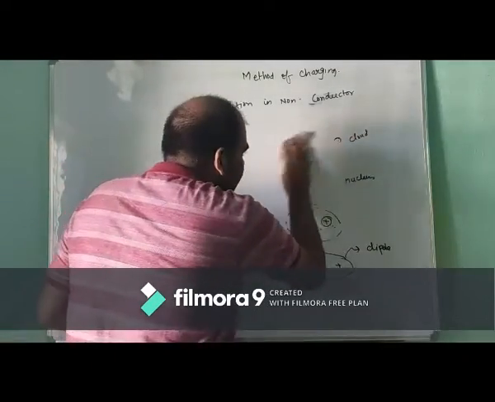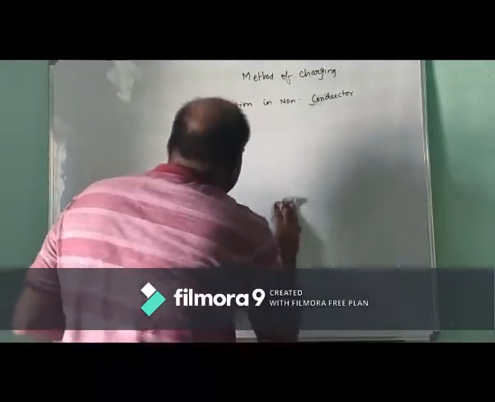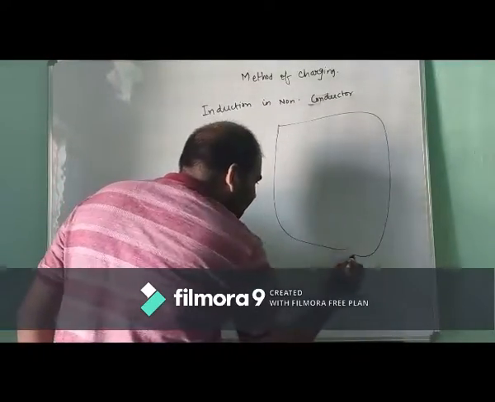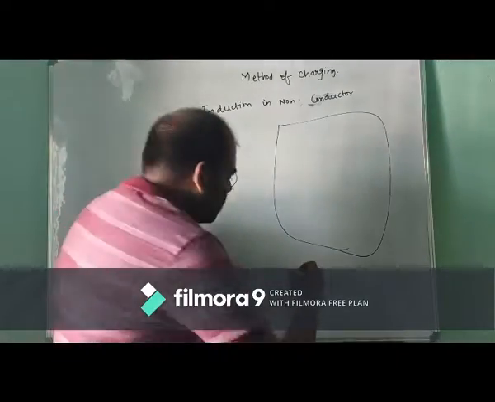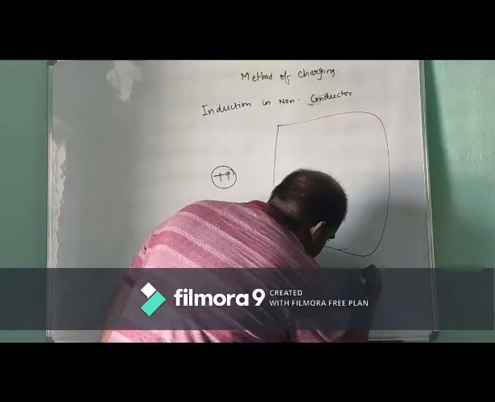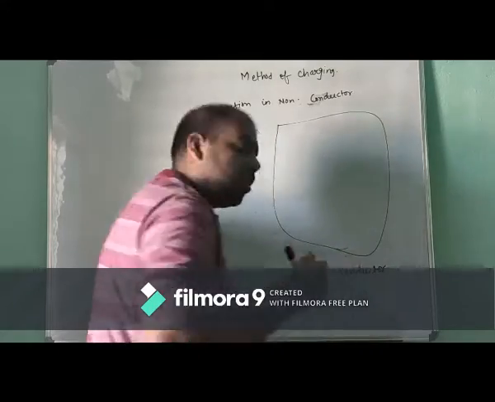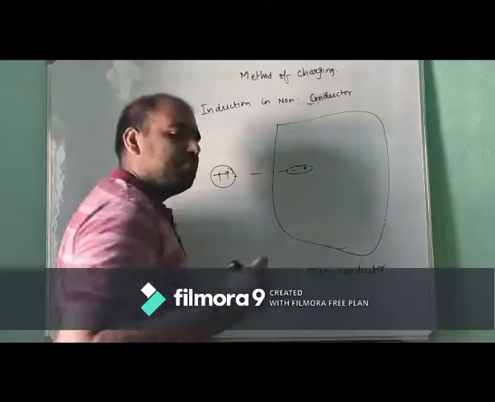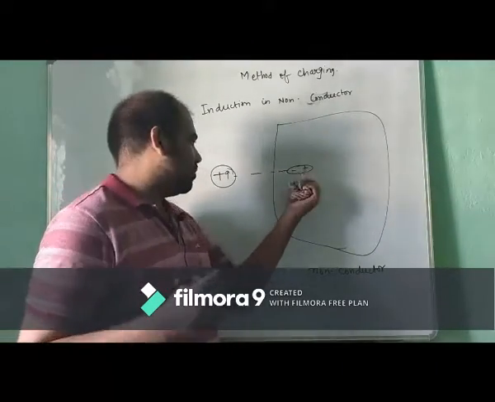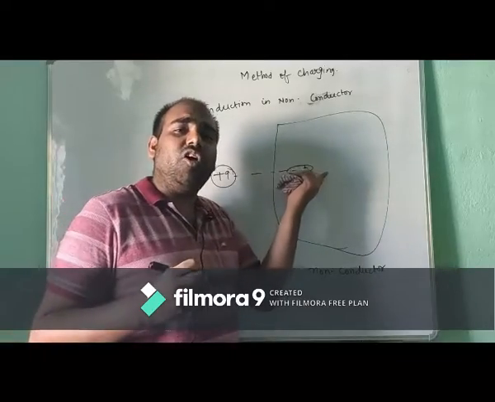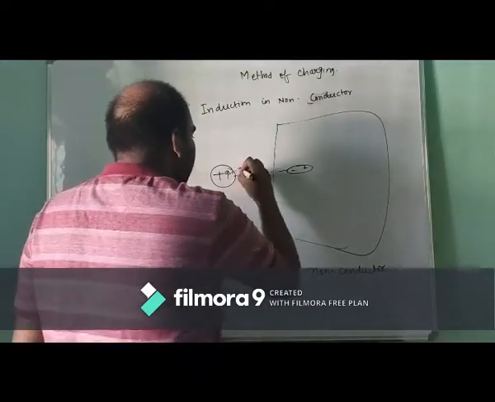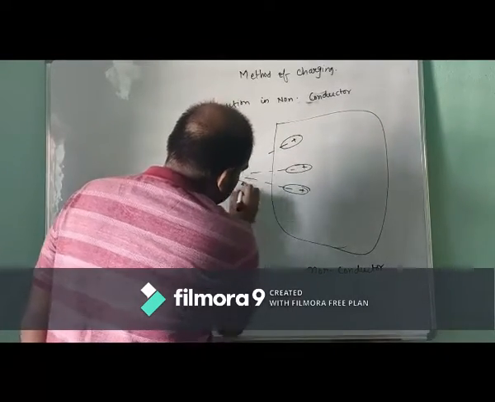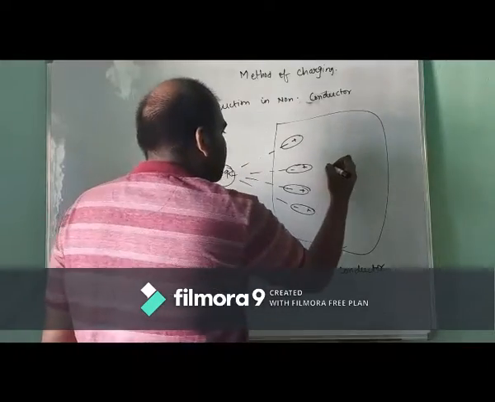So when a material which is a non-conductor is placed near a positively charged body, what will happen? All the charges will align like this, because the negative will attract the positive charge, and all the dipoles will be aligned like this. Like this, okay?